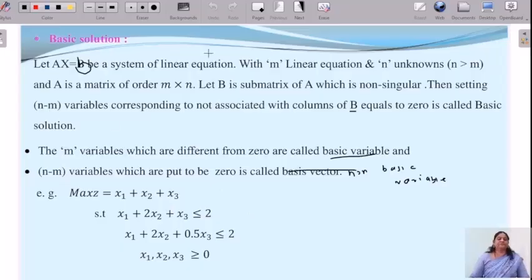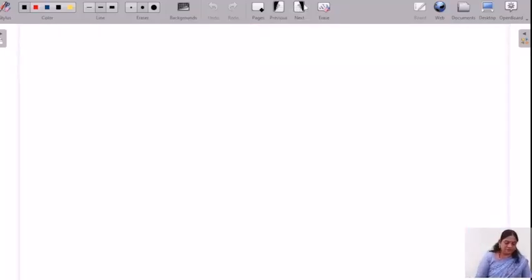The first constraint is x1 plus 2x2 plus x3, and we add the slack variable, say x4, equal to 2.